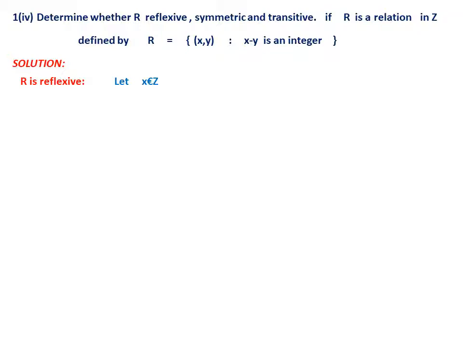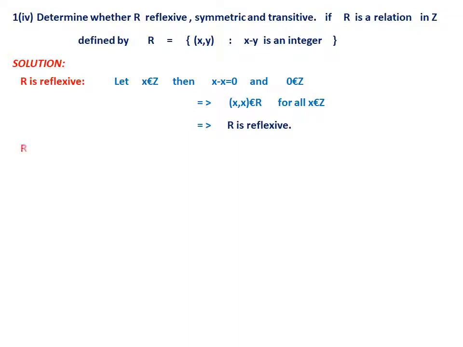It is not possible also, because it contains an infinite number of elements. So we have to prove like this. Let x belong to Z, then what about x minus x? It is 0, but 0 is an integer. So this implies (x, x) belongs to R for every x belonging to Z. By definition, therefore R is reflexive. This is the way we have to argue.